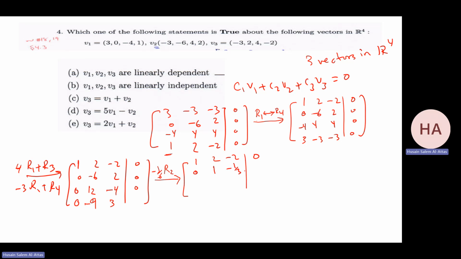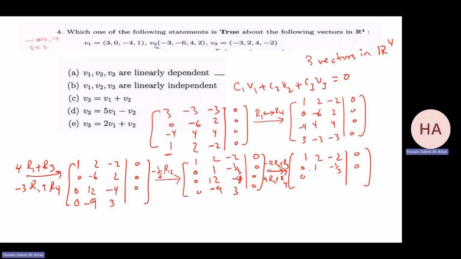That minus 1 over 3, that will be 0. The rest are the same. Yeah, it's a matter of calculation. So I have 1, 2, -2, 0. Now multiply the second row by -2 and add it to the third row. And 9 R2 plus R4 to get what? This will be the same.